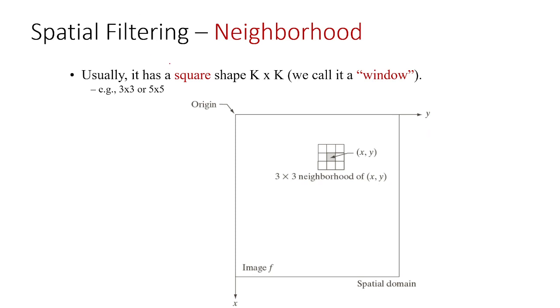For example, usually it takes a shape of k by k. So we call it a window of that particular area of pixels. If this darker shade of gray is the area of the pixel which is to be filtered, each pixel is considered.